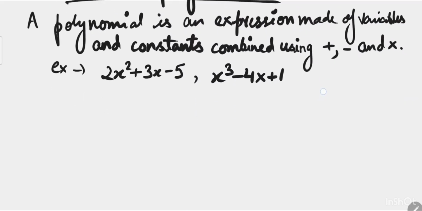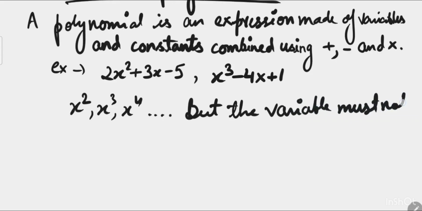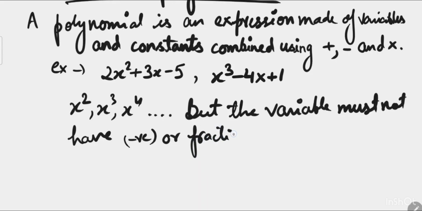A polynomial has terms like x square, x cube, x power 4, etc. But the variable must not have negative or fractional powers.